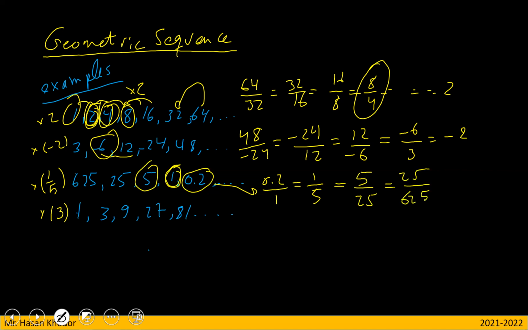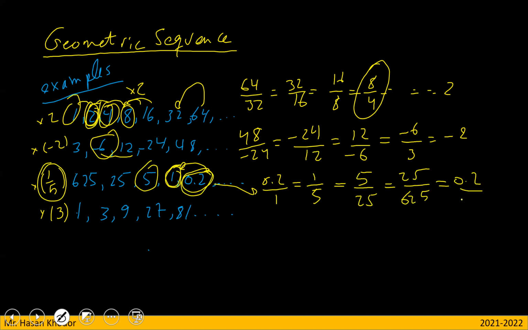So don't think you have to divide the greatest by the smallest. No, I always take every number of the sequence divided by the number preceding it, the previous one. If we divide them all, we will get 1 over 5 or 0.2. So this is called the common ratio and not the common difference.